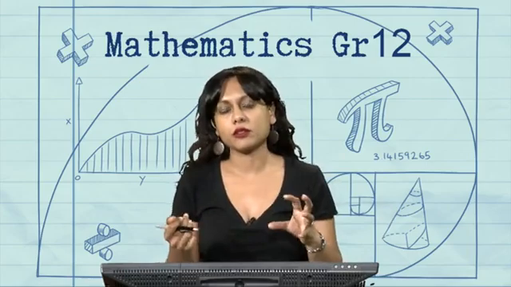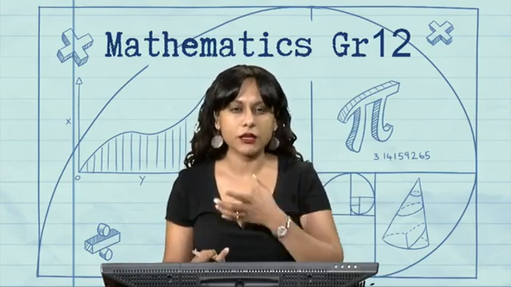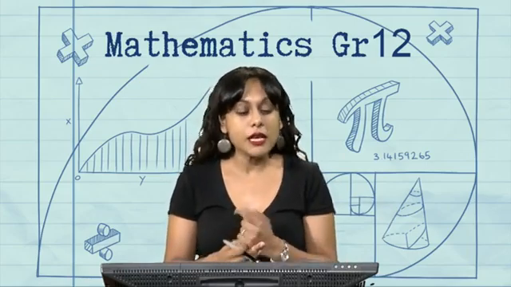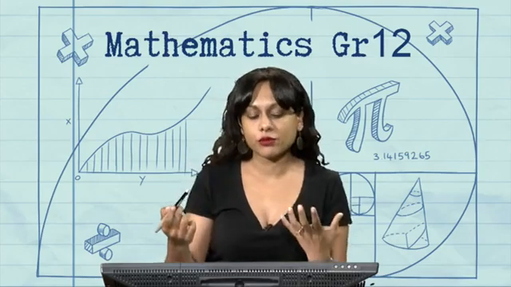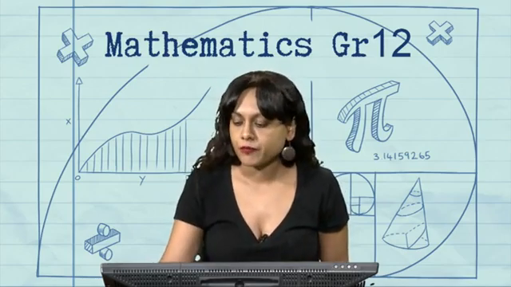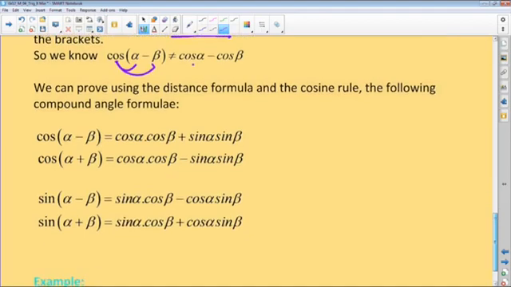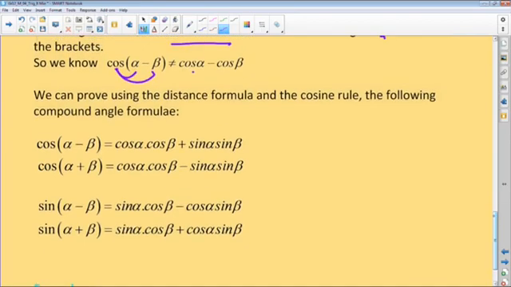It's not going to be possible. So we need to have formulae that we can use for compound angles. The following compound angle formulae can be proved using the distance formula and the cos rule, which you'll remember from triangles and your 3D trig last year, for solving triangles.